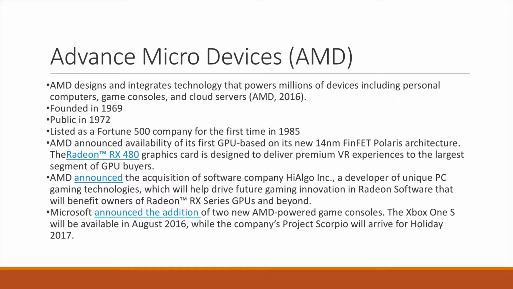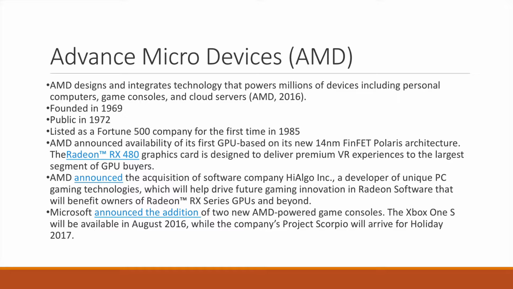Stock ticker is AMD. Now, AMD designs and integrates technology for personal computers, game consoles, cloud servers, etc. They were founded in 1969. They went public in 1972, and they were first listed in 1985 as a Fortune 500 company.